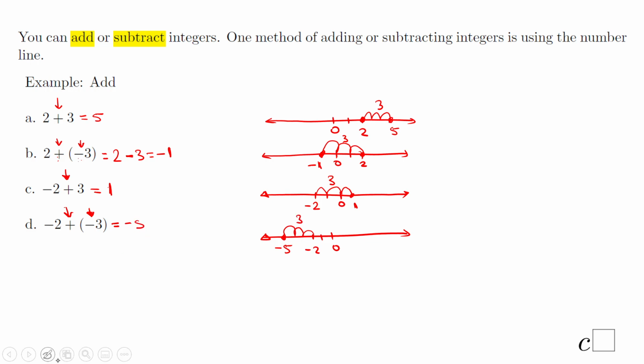Of course, in this case you can also use a sign rule that I'm gonna show you a little bit later. -2 plus and minus, these two combine as a minus, and that will be -5. Obviously, after a while, by practicing this type of addition and subtraction, you don't need a number line.